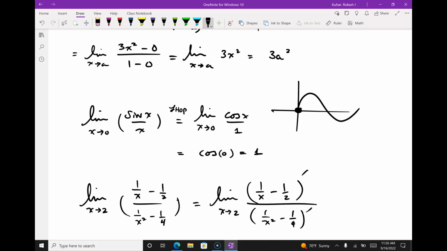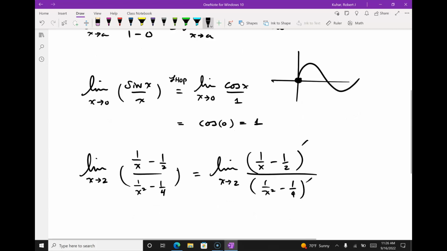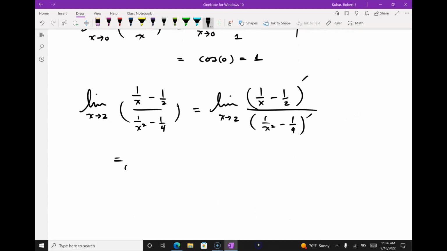This is derivative of upstairs divided by derivative of the downstairs, then reevaluate the limit. Who's got the upstairs for me? Negative 1 over x squared. Is that what you're saying? I can't hear today for some reason.